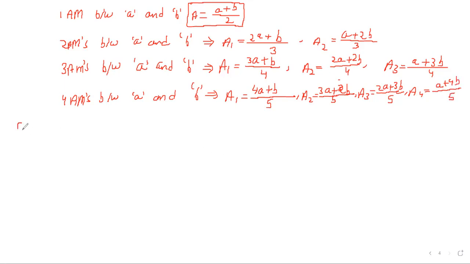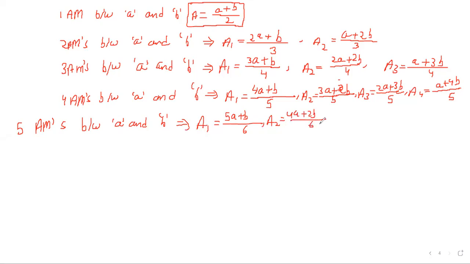And if you want to find 5 AMs, what it could be? If we have to find 5 AMs between A and B, the first one is A1 equals to (5A plus B) upon 6. Second is (4A plus 2B) upon 6.